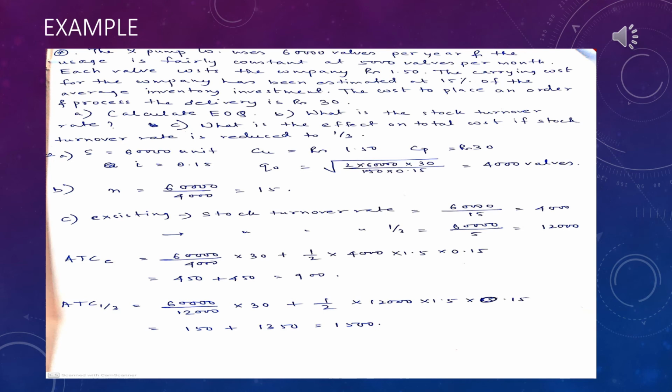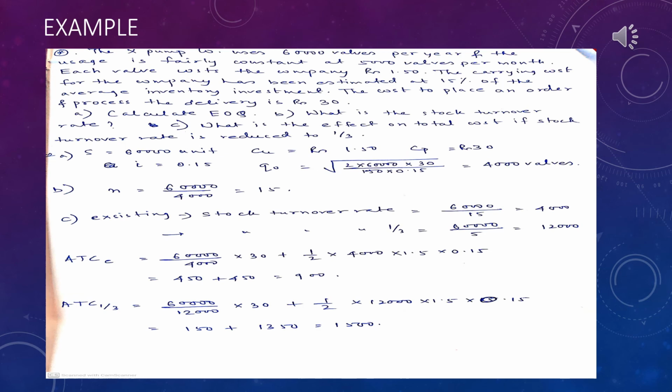Stock turnover rate is basically the number of orders that the organization is putting in per year. Per batch the organization is ordering 4,000 units, which we found in EOQ. The total consumption of the organization is 60,000. So 60,000 divided by 4,000 gives me 15 orders per year.